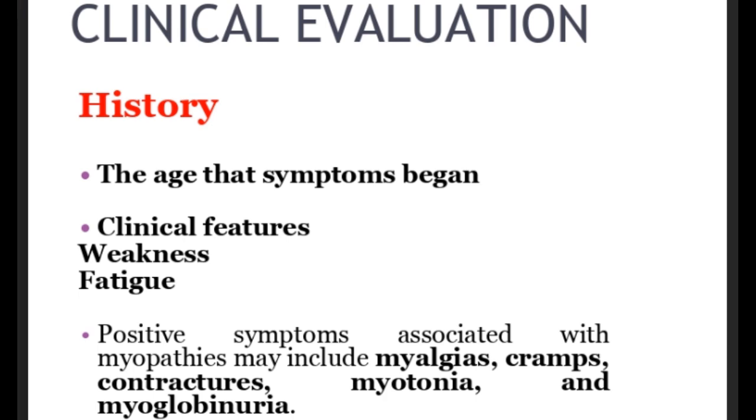These symptoms in the arms and legs indicate proximal muscle weakness, which is probably the most common type of weakness in myopathic disorders. Some myopathies may also result in cranial muscle weakness, resulting in complaints of dysarthria, dysphagia, or ptosis. Fatigue is a much less useful negative symptom. Positive symptoms associated with myopathies may include myalgia, cramps, contractures, myotonia, and myoglobinuria.